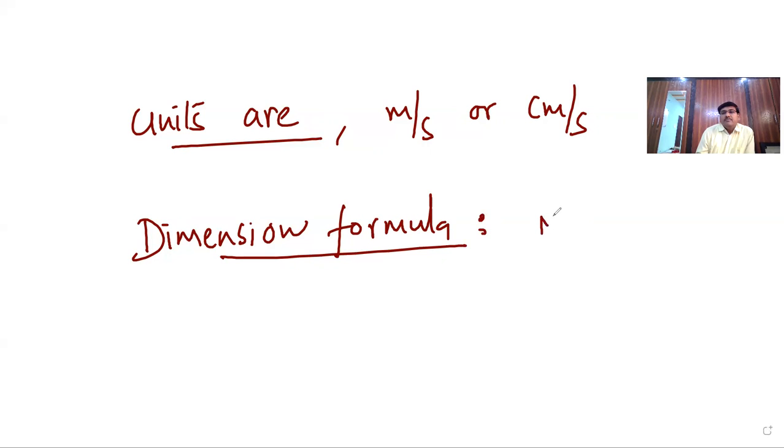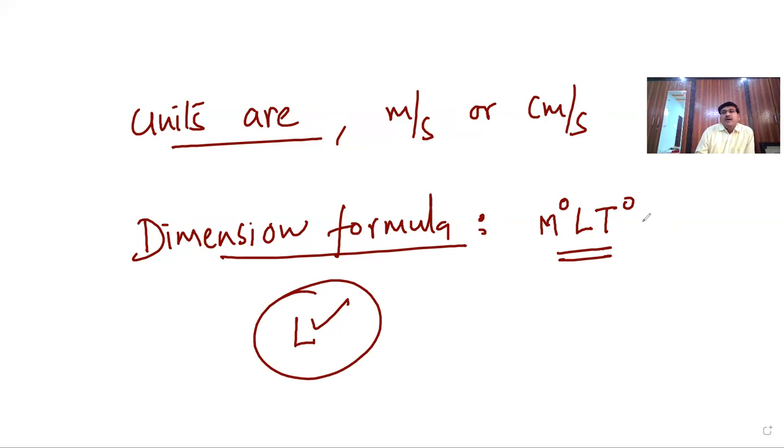M to the power of 0, only L, and T to the power of 0, because L is the only dimension. So, units, dimension, form. Is it clear?